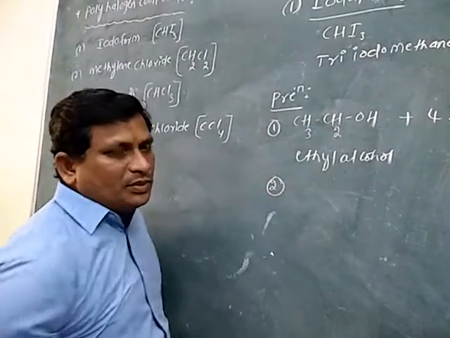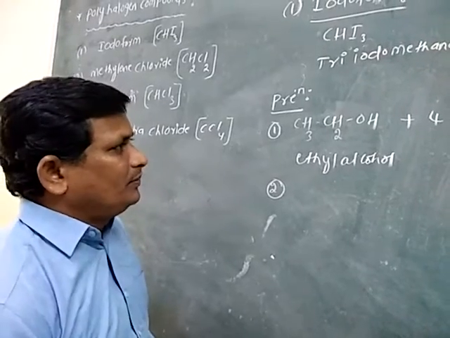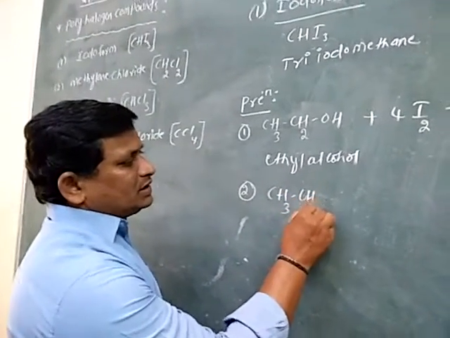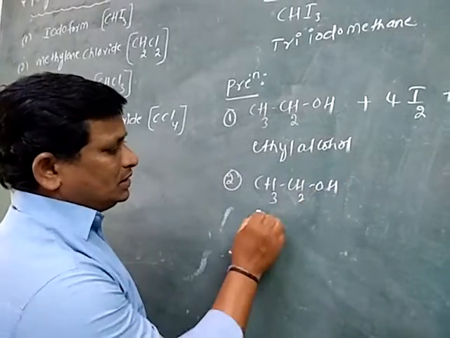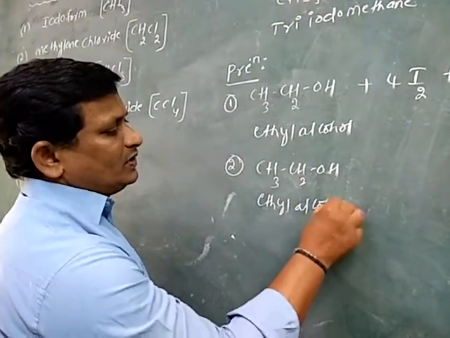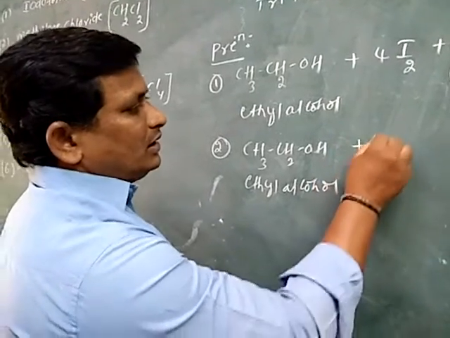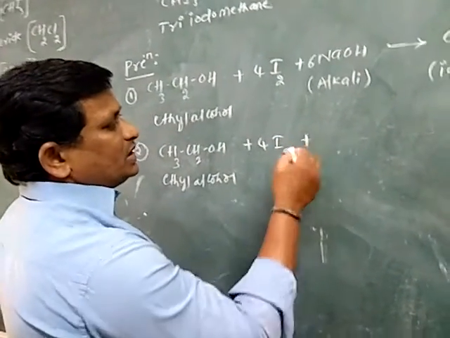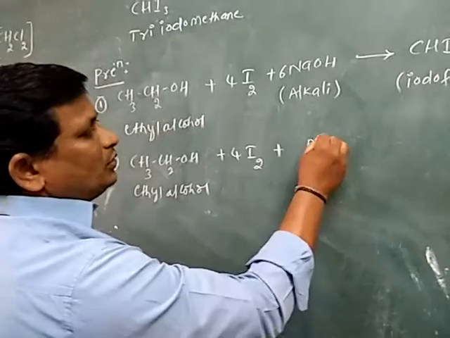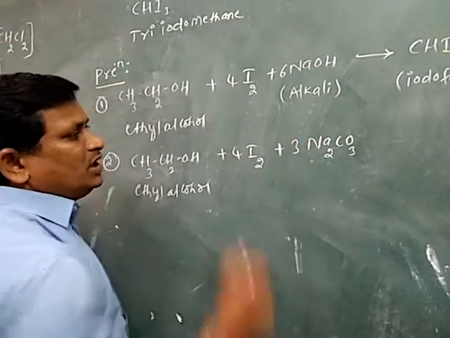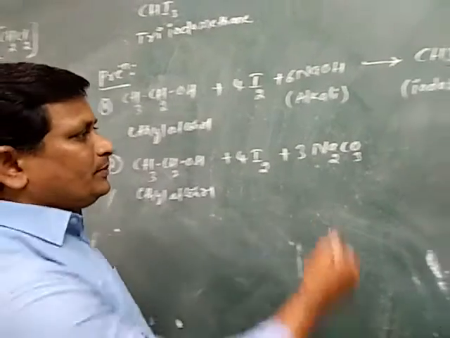Now the second preparation method of iodoform. Ethyl alcohol, CH3CH2OH, is treated with 4 moles of iodine in the presence of sodium carbonate, 3 moles of Na2CO3.